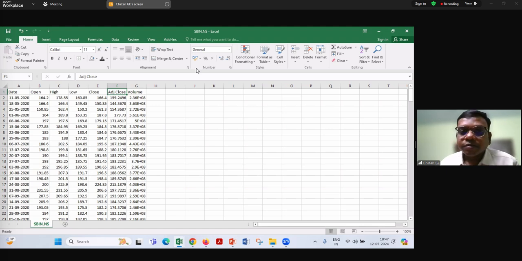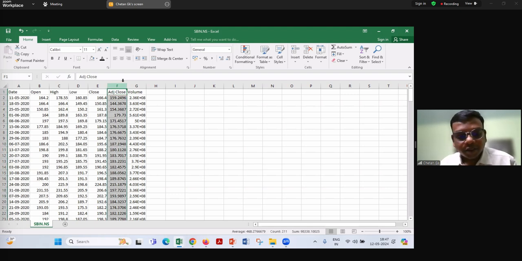Understanding what I'm saying? If at all the company has got split, if the share price has got split, that is taken into consideration. Adjusted close will be adjusted for that split and bonuses. So because of which we should be taking adjusted close. Supposing that adjusted close is not there, then you can choose close. That's it. Is it clear, everybody?